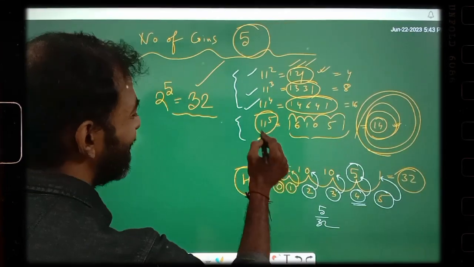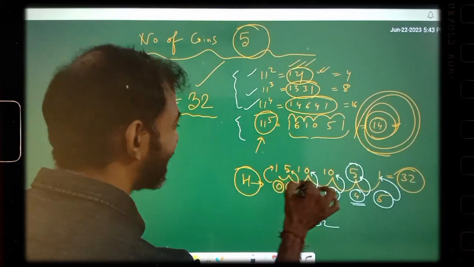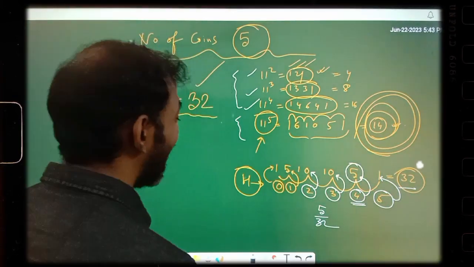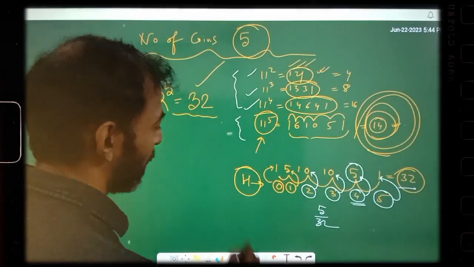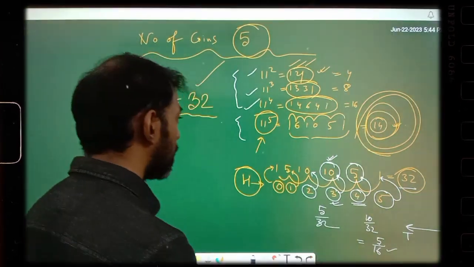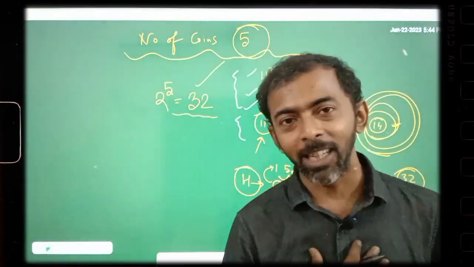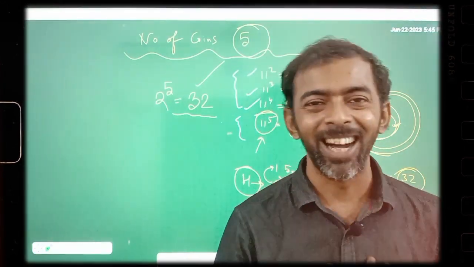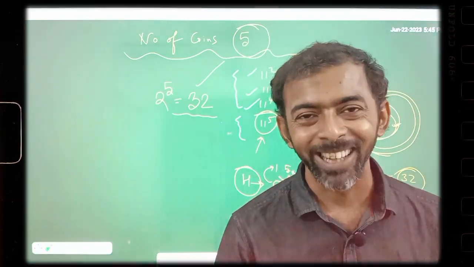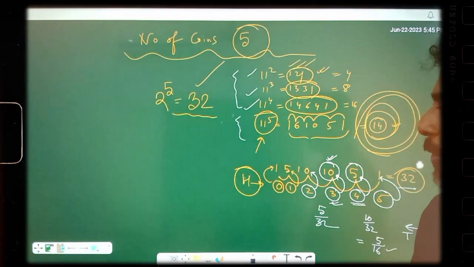But for a slightly different question, you need to remember 11 power 5 like this: 1 5 10 10 5 1 and that is our 32 number of cases, and in that case the total number of heads starting from the left will be 0 1 2. My problem is solved. We will crack this exam for sure.